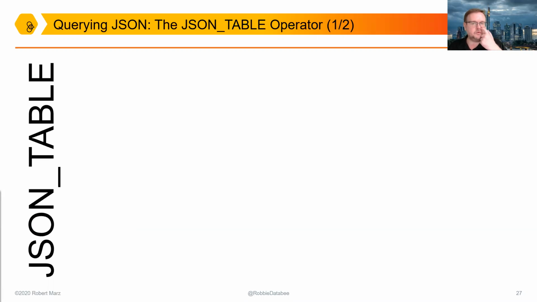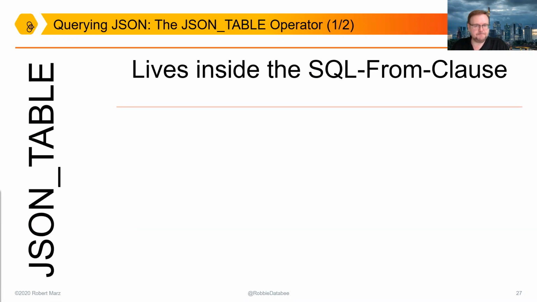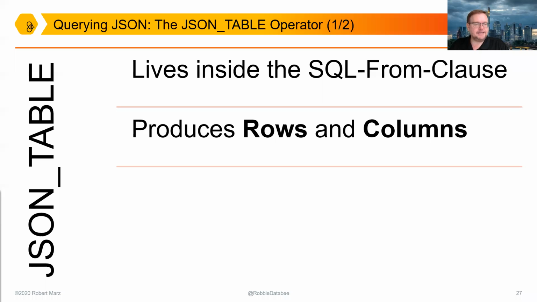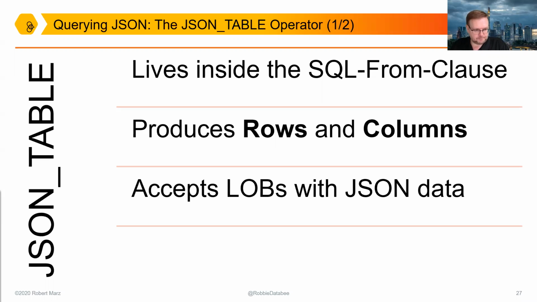Typically, you will use the JSON_TABLE operator. I'm using that most of the time because this is the most powerful operator to deal with JSON documents. The good thing is the JSON_TABLE operator lives inside the SQL FROM clause, and it produces rows and columns. So this is one of the very rare functions inside the Oracle database that takes some text and produces rows and columns out of it.